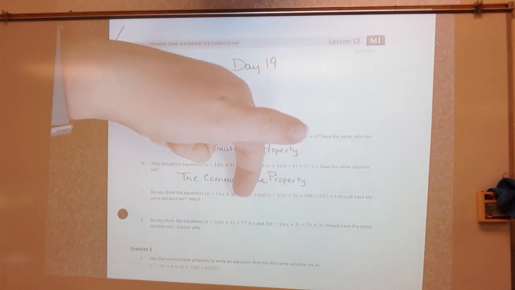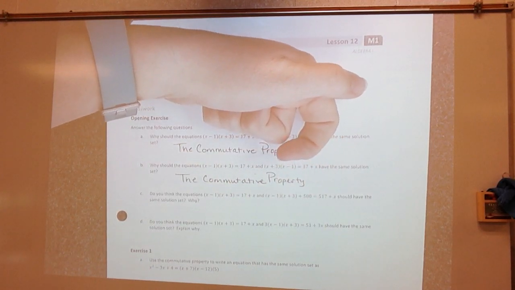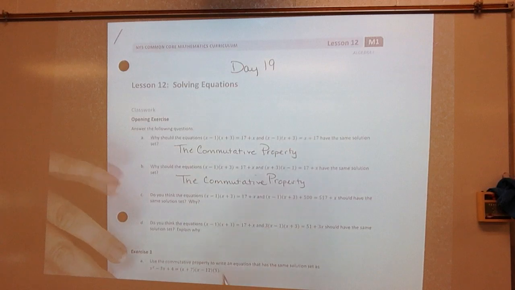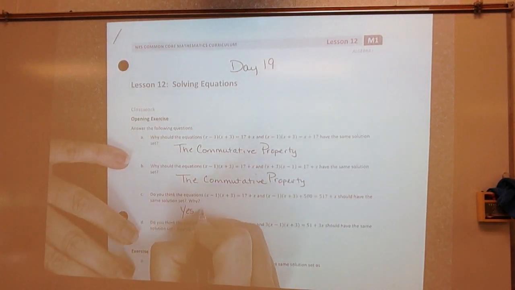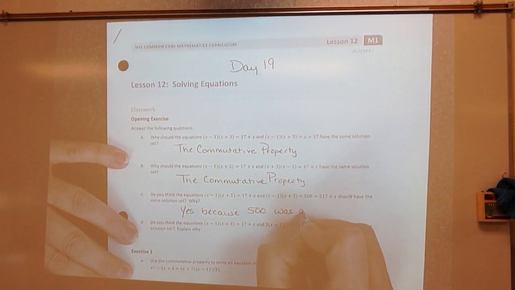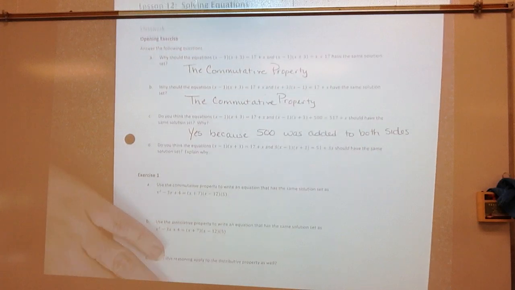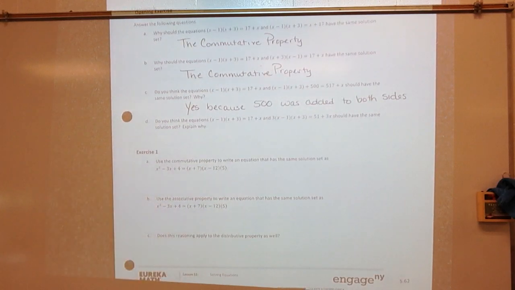I not just have 17 anymore, I have 517. So yes, because 500 was added to both sides. Alright? So because 500 was added to both sides, I should still have the same solution sets.